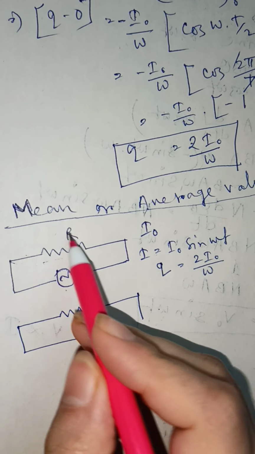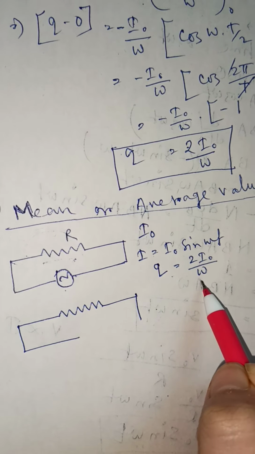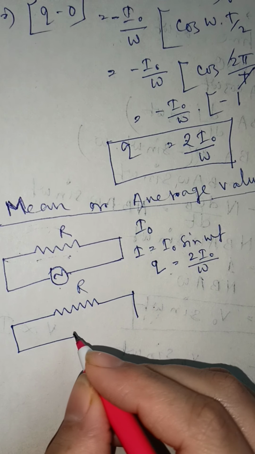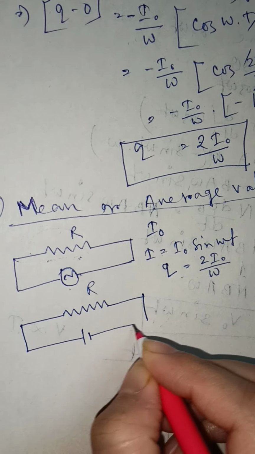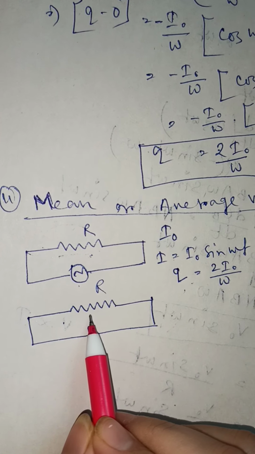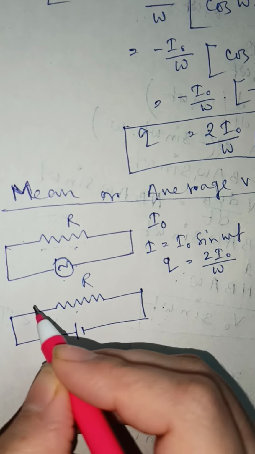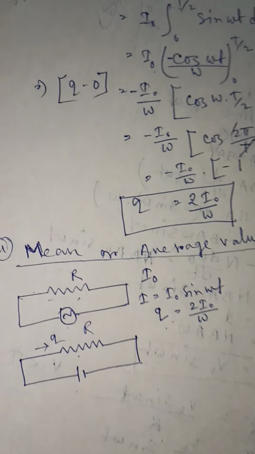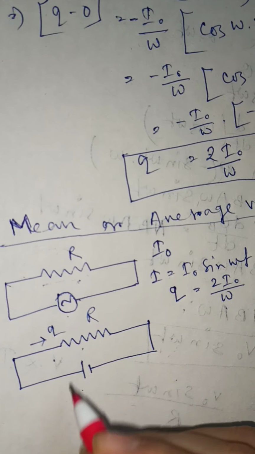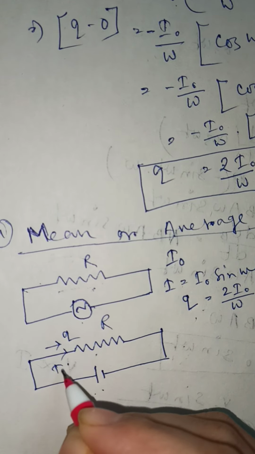Now if we connect the same resistance with a DC source, which is such a source that flows exactly the same charge through this resistance, suppose the current passing through it for this DC source is I.